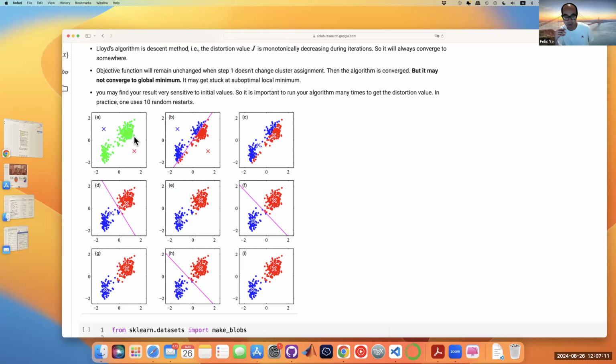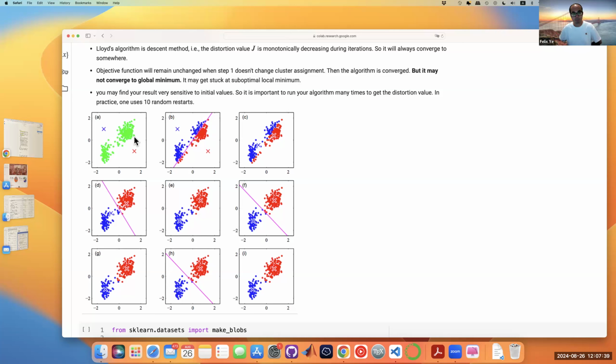Here we were lucky and successfully clustered well. But in general, you should do 10 random starts with random initial points for mu red and mu blue.